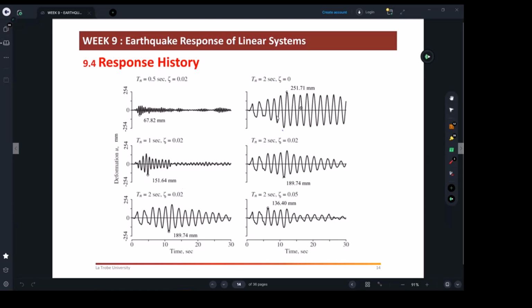Remember, this is in millimeters, but that one was 251.67 millimeters, that's the response here. So we go at 62 millimeters, and that's what we had at zero damping. Then 0.2. Let's verify it and have a look.